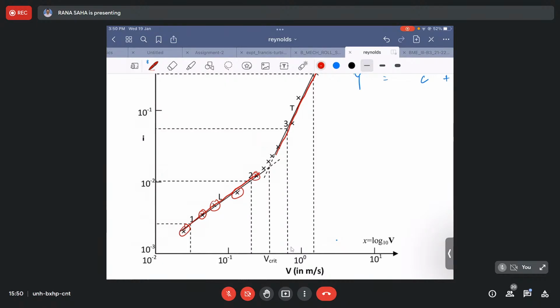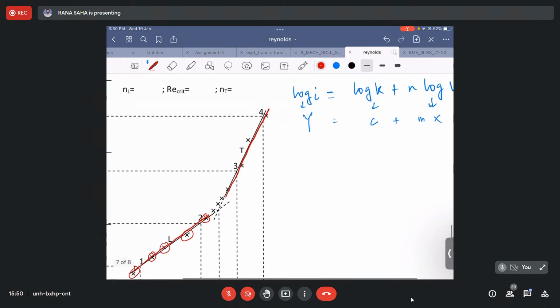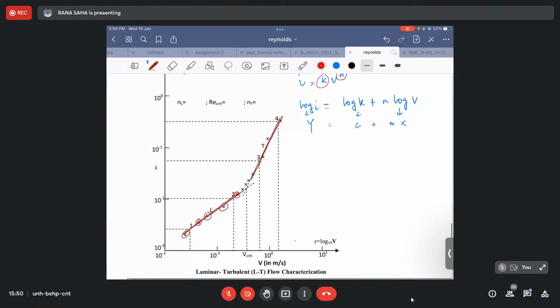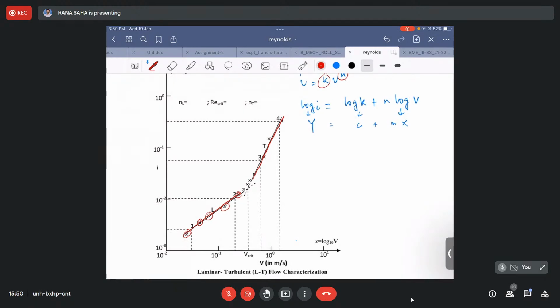If you put them on this graph paper, either by taking log and plotting on metric graph paper, or if the graduations are themselves in log scale, then you need not calculate the log of those values. The graph paper will take care of that. That is the advantage of using log-log graph paper.